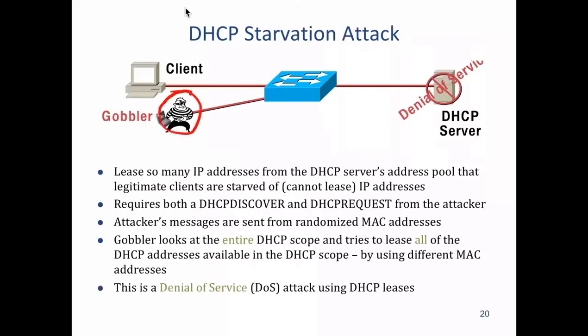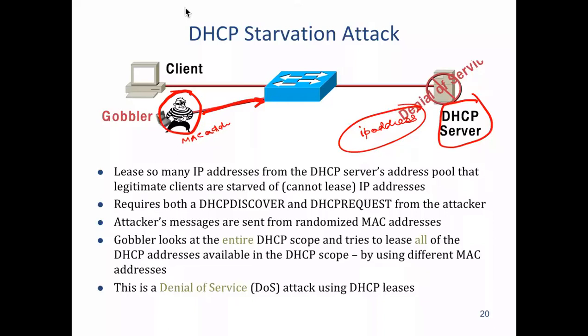Note that the number of IP addresses with the DHCP server is limited. Whenever requests come, it assigns one. So this gobbler can change its MAC address. It will generate randomized MAC addresses, a random MAC address, and send a request.